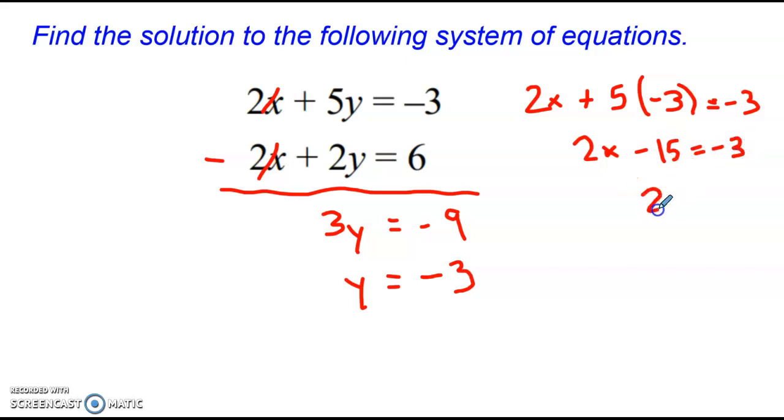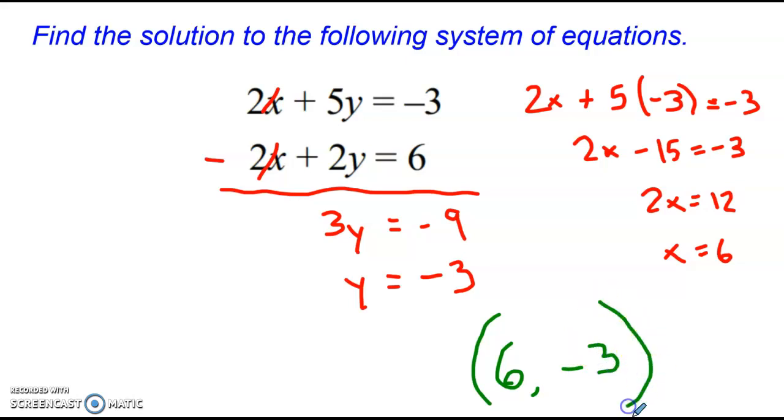That's going to get us to 2x equals 12, and x equals 6. All right, so our solution this time is going to be, make sure you write it in the correct order here, the x value is 6, not negative 3. So (6, negative 3) is the solution this time.